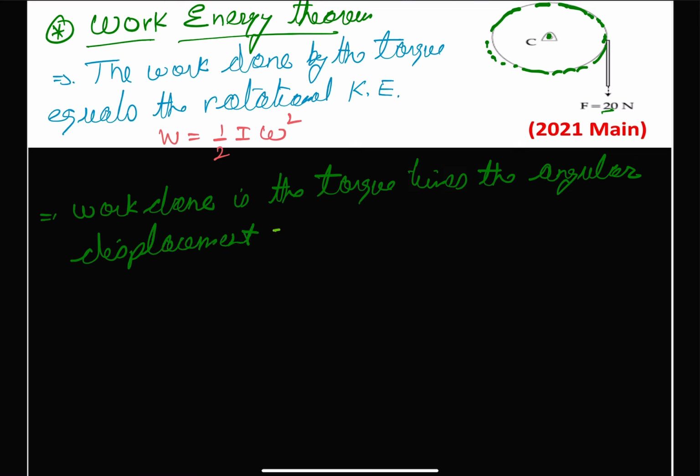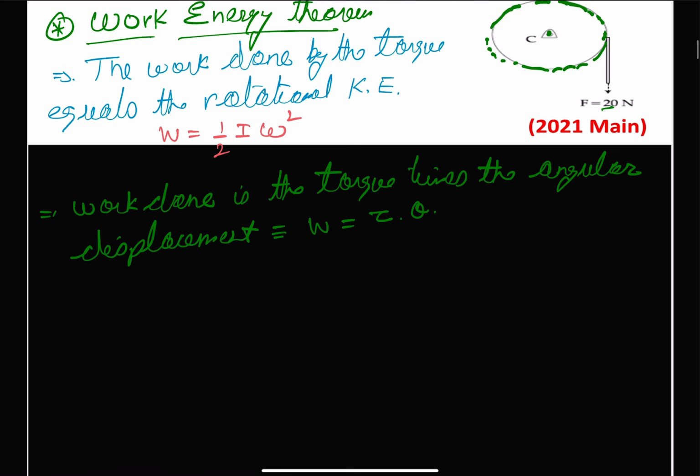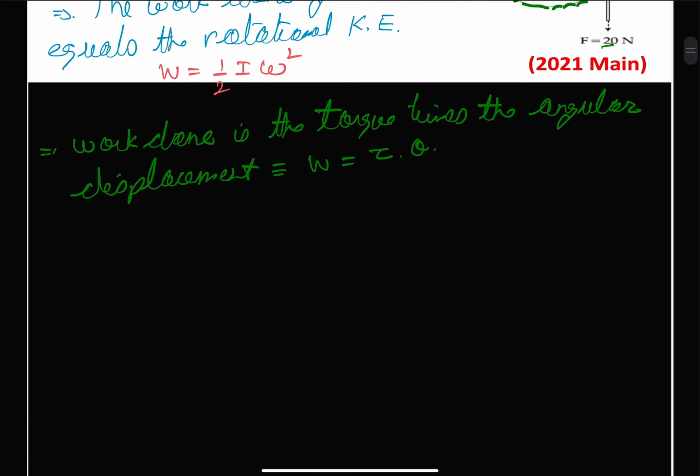Or we can say that our W is equal to, suppose torque is our tau, angular displacement is our theta, tau times theta.